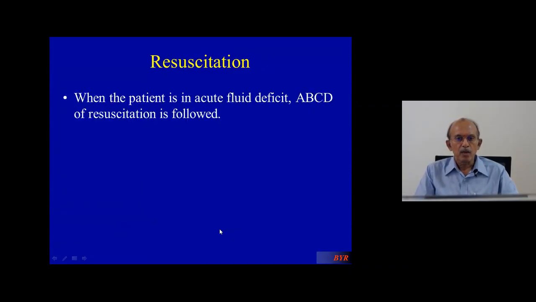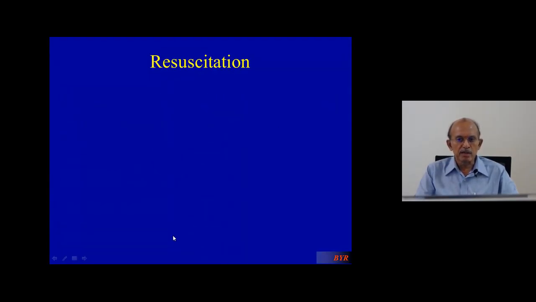Resuscitation: when the patient is in acute fluid deficit, the ABCD of resuscitation is followed. That means first you look for the airway, then breathing, then circulatory assistance. Circulatory assistance means you give IV fluids because this is a case of acute fluid deficit, so IV fluids are given to replace the lost fluids.